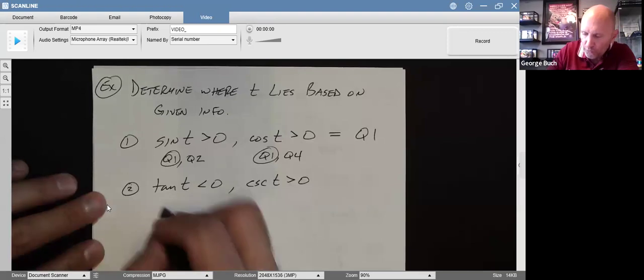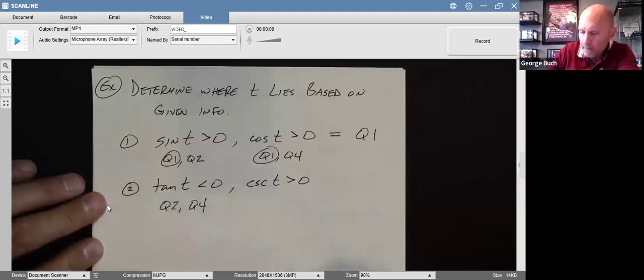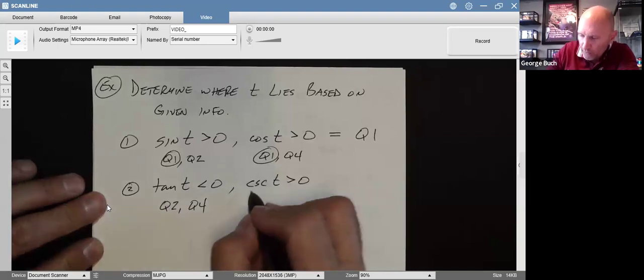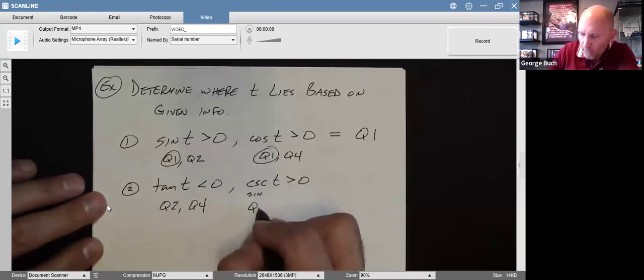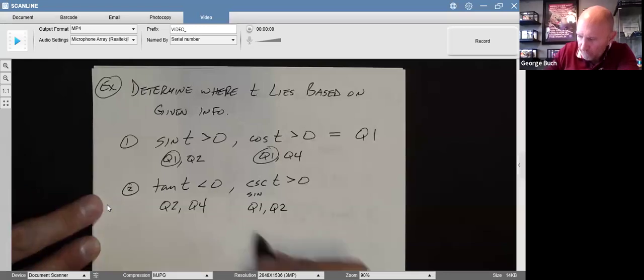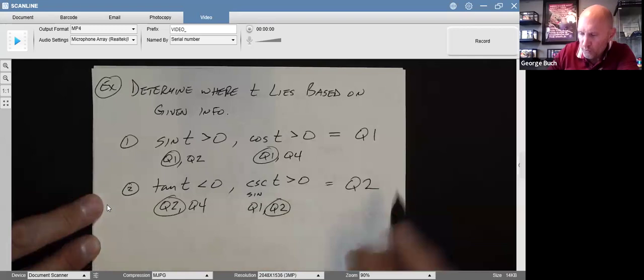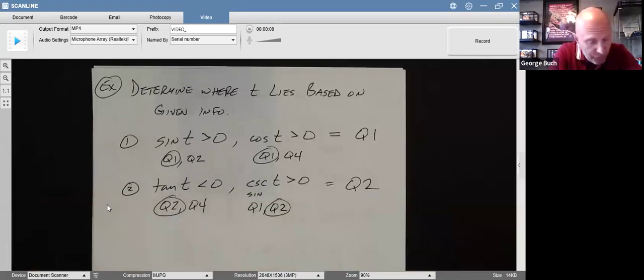That's quadrant 2 and quadrant 4. And then cosecant, well, this is like sine. So sine is greater than 0 in quadrant 1 and quadrant 2. So if that's the case, I have to be in what? I have to be in quadrant 2 if tangent is negative and cosecant is positive. It's the only quadrant that happens at the same time.